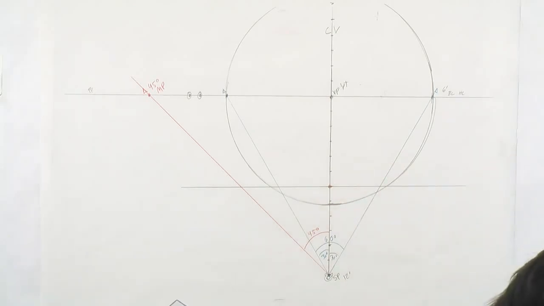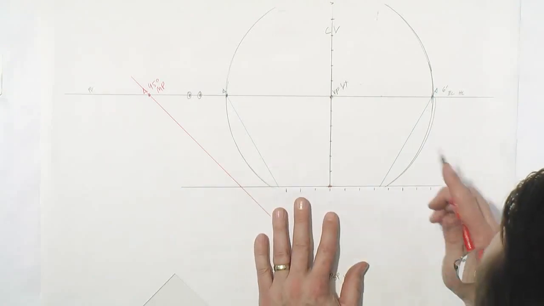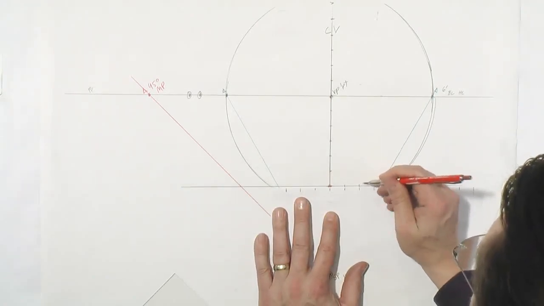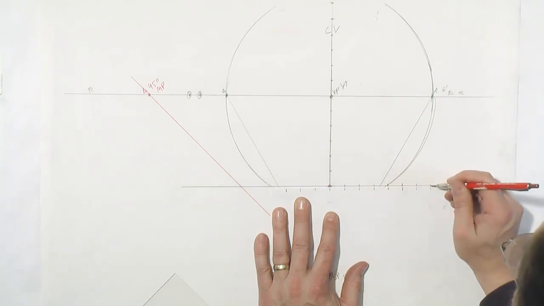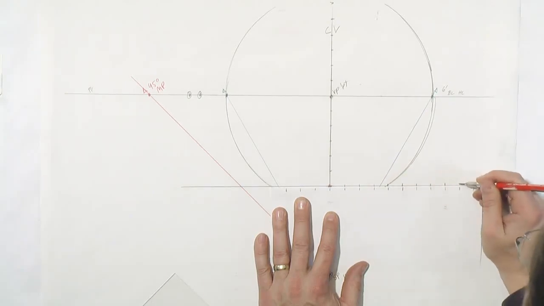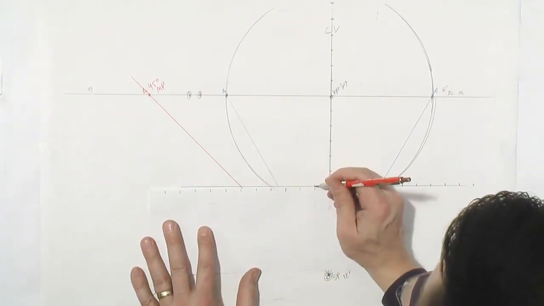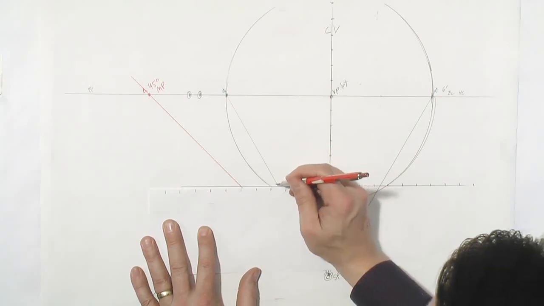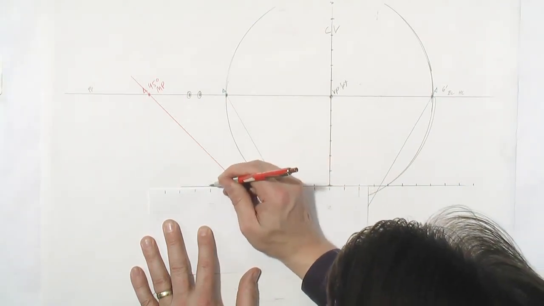I'll also put increments now on my measuring line, ground line. I'm just going to keep going here. And also put increments to the left on that line. Again, when you sketch, you can think like this, but you're not actually doing this.